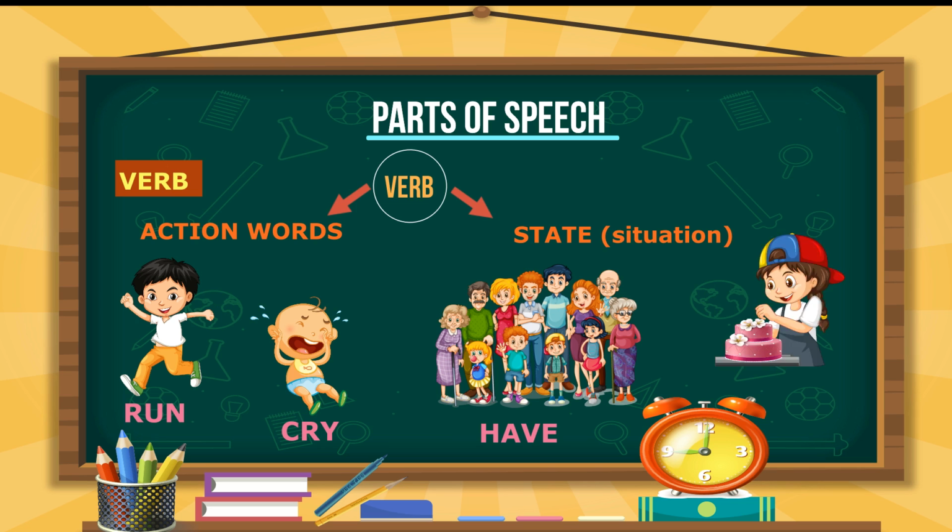Or if I said, Neha likes chocolate cake. Is Neha doing any action in this sentence? No. That sentence just gives you some information about Neha. We are still using a verb, like, but it's a state verb.